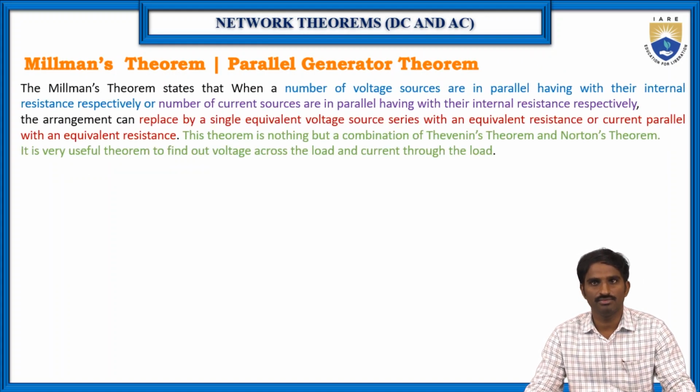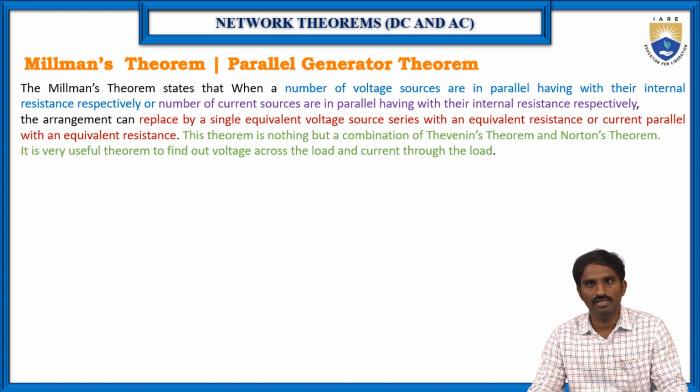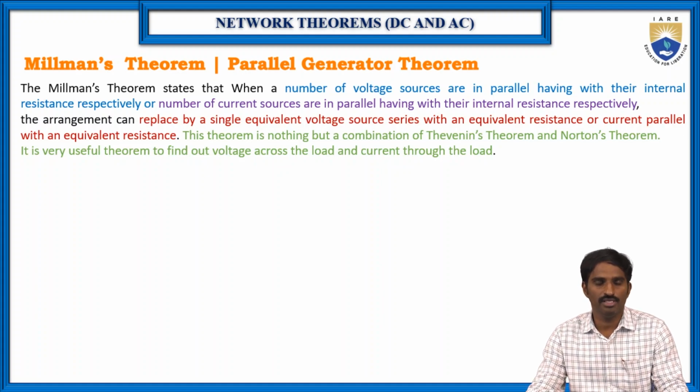According to Millman's theorem, if a number of voltage sources are in parallel having their internal resistances respectively, or a number of current sources are in parallel having their internal resistances respectively, then the arrangement can be replaced with a single voltage source in series with the equivalent resistance, or a single current source in parallel with the equivalent resistance.